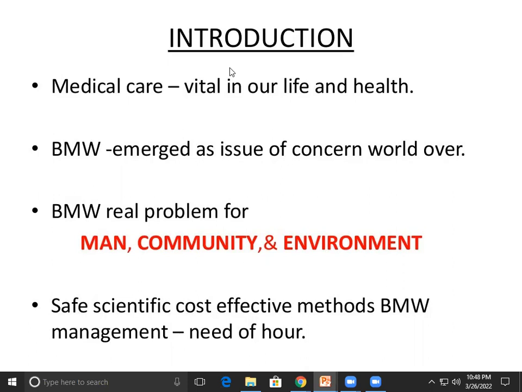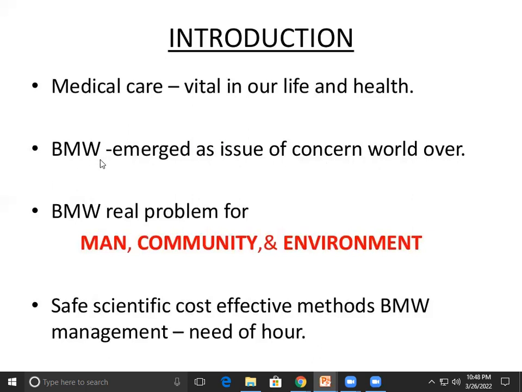So we need diagnosis, treatment, and testing, from which various wastes are generated. This is a major issue that may be generated from the hospitals. In short, it is called BMW.